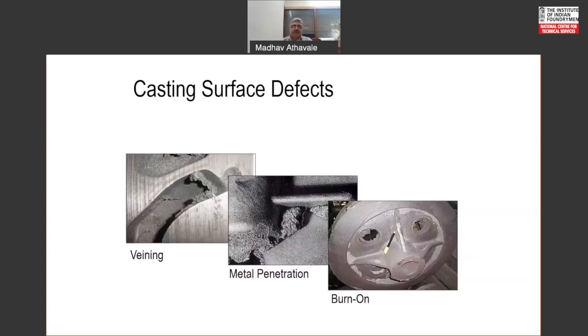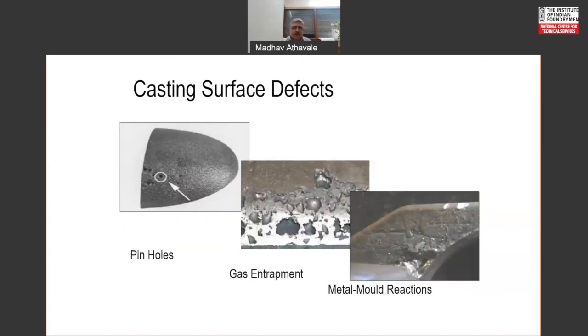Here are a few pictures of surface defects. One can see veining on the top left, metal penetration photograph at the center, casting burn-on here on the right-hand side bottom, pinholes, gas entrapment, and metal mold reaction.